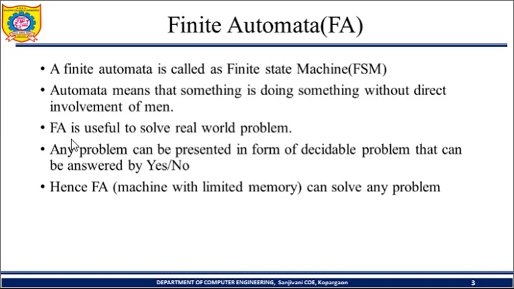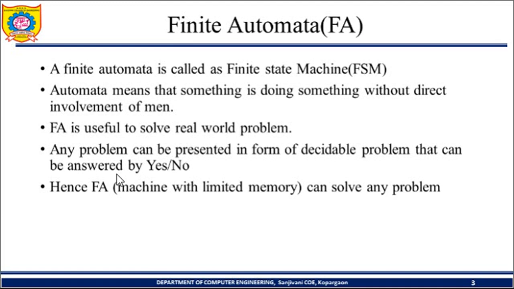FA, that is finite automata, is useful to solve real world problems, and finite automata will give the answer in the form of yes or no. Let us consider one example. If we have designed one finite automata which will accept all the strings that end with 1, and after processing a given string we reach the final state, then we say yes, the string is accepted.